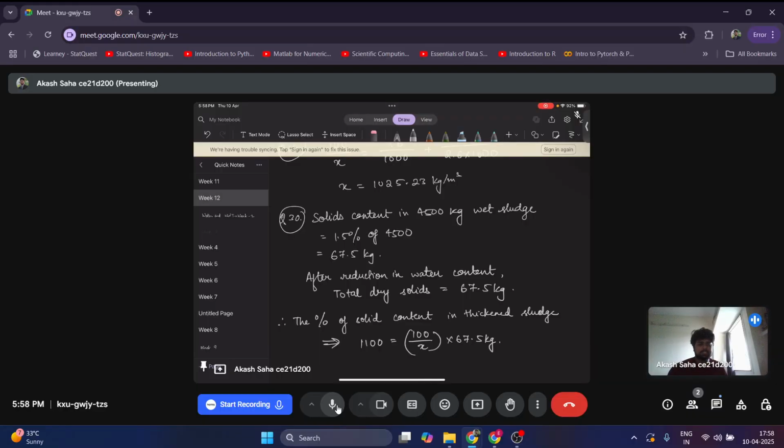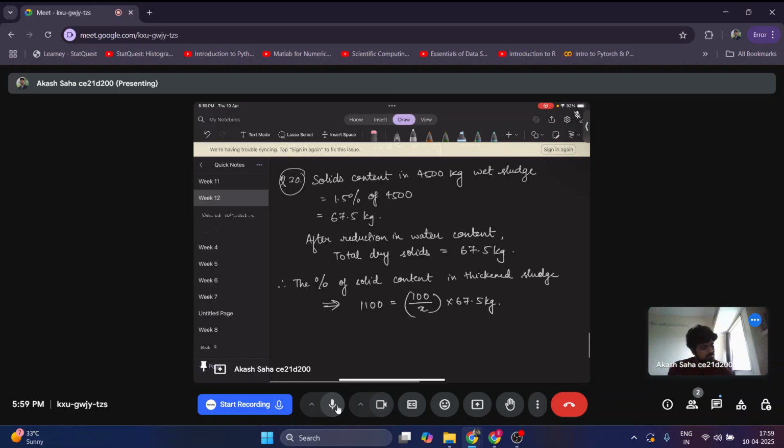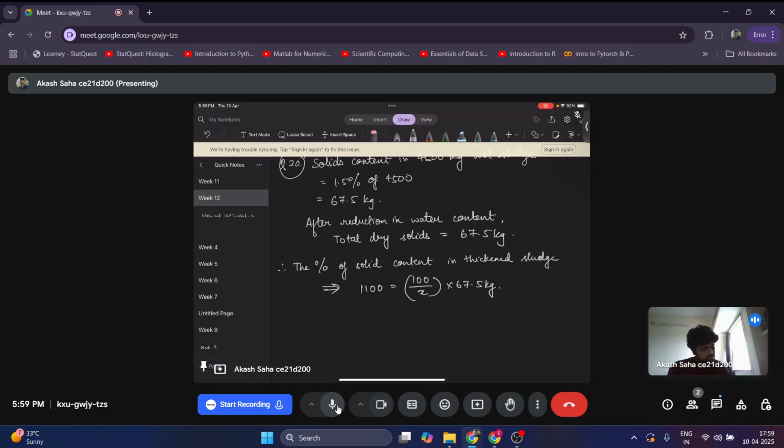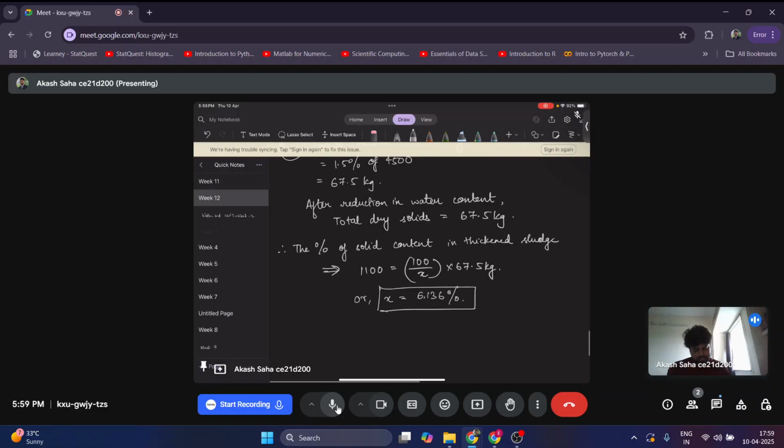This is the amount of sludge total we know, 1100 kg. That is being equated to the amount of sludge that it would produce if 67.5 kg is solids, and we don't know the percentage. From here we can calculate x. So my x will be equal to 6.136 percentage. Once we get the percentage of solids, we can get the water content.